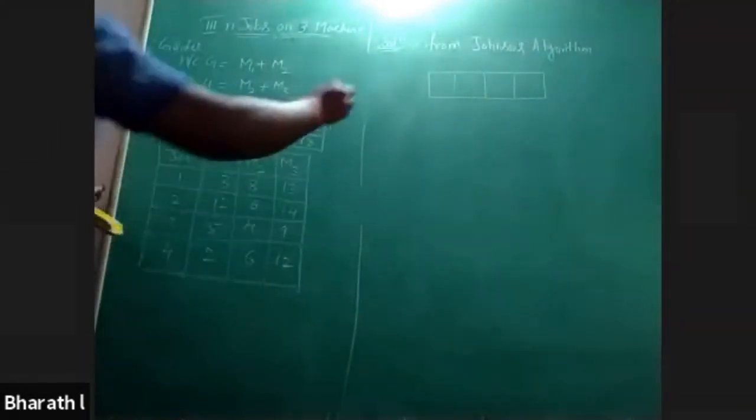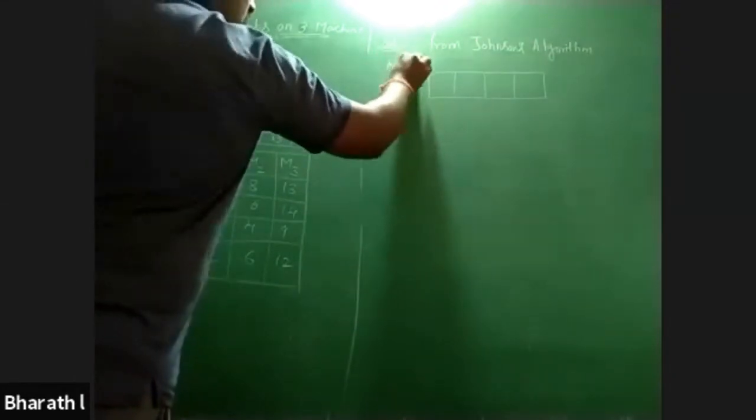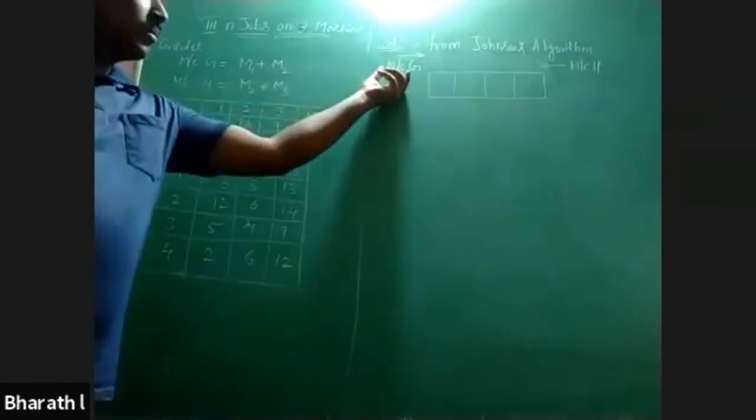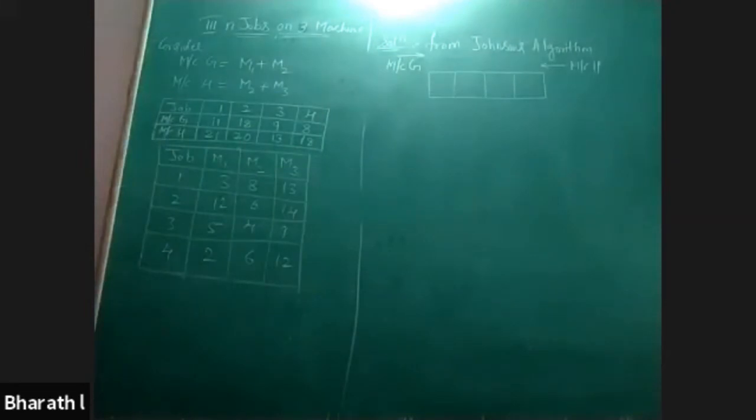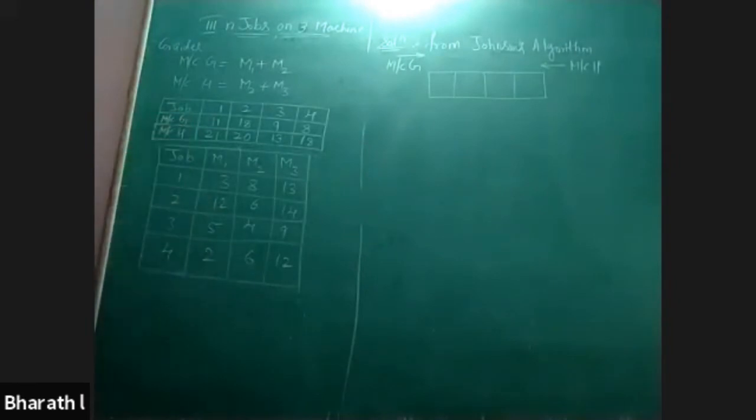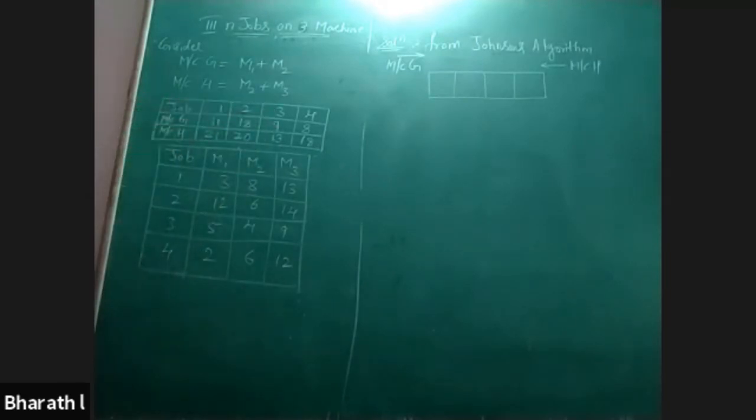Here you write machine G, and here machine H, because the order of the machines given is M1, M2, M3, they have taken M1, M2 for machine G and M2, M3 for machine H. The next, to get this sequencing, we'll check with respect to this table. In this table, for machine G, which job has the least time? That is job 3, which has the least time.